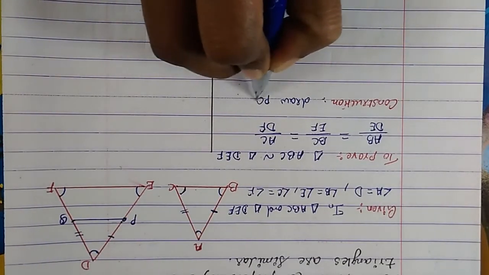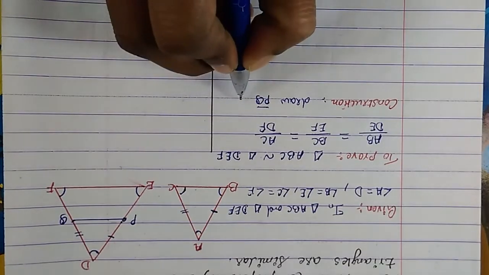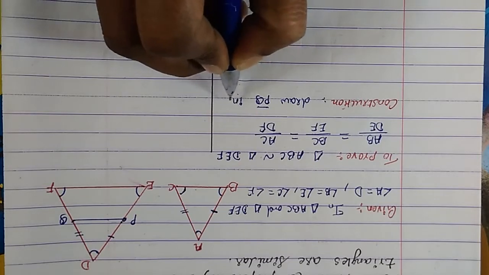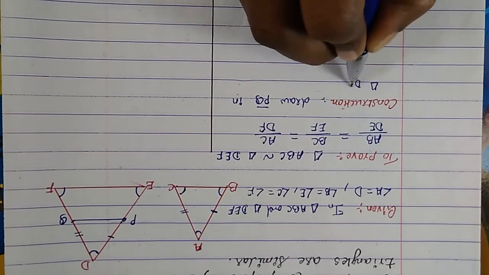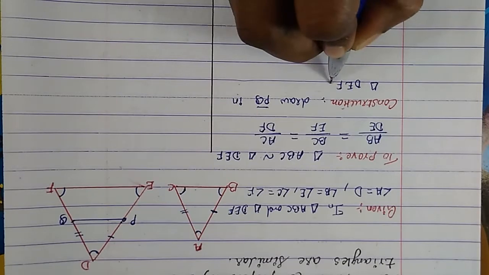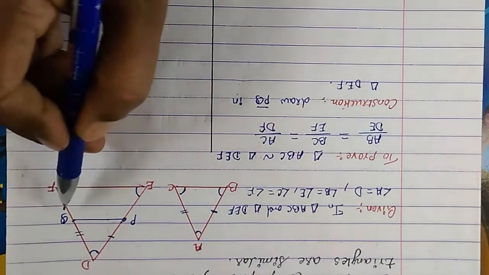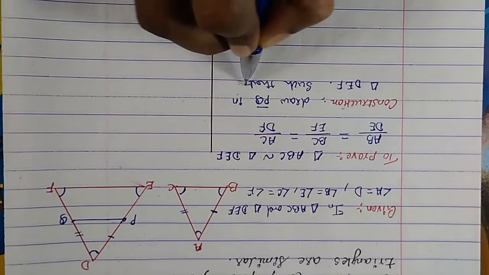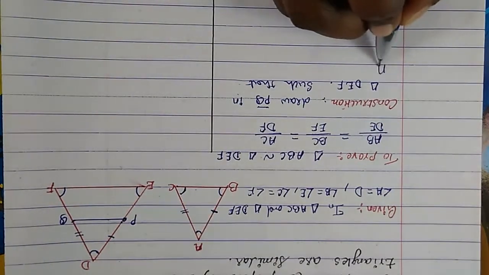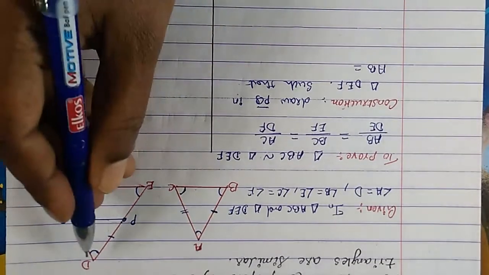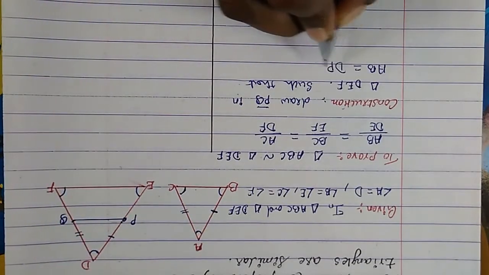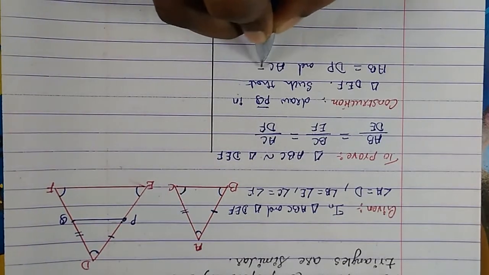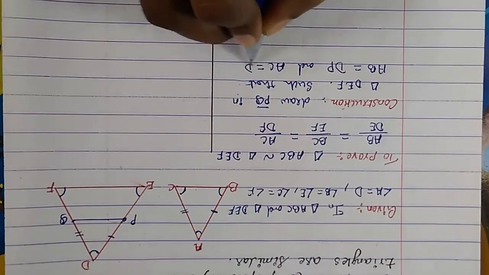Draw PQ in triangle DEF. We have drawn it in such a way that AB is equal to DP and AC is equal to DQ.